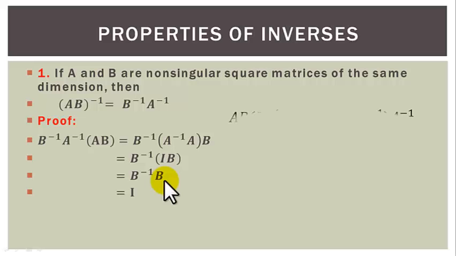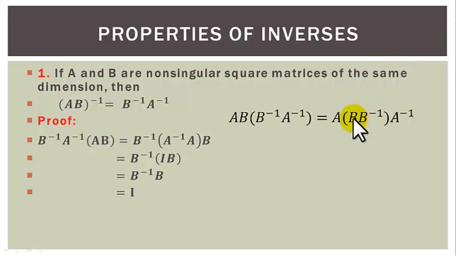Next, we post-multiply this by AB. Post-multiplying this by AB will give us A times B inverse in bracket, then times A inverse. Still applying the associative property of matrix multiplication.